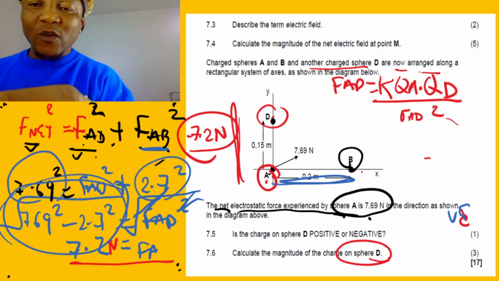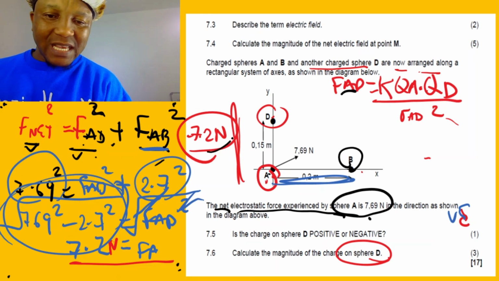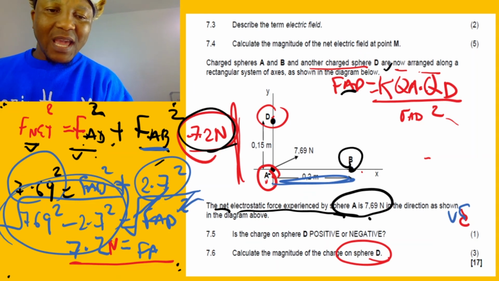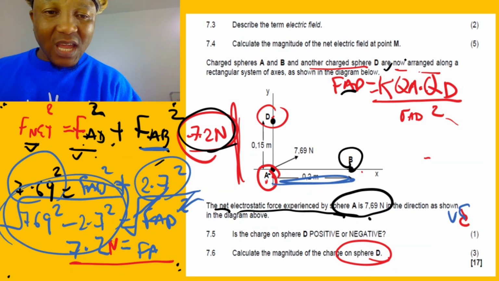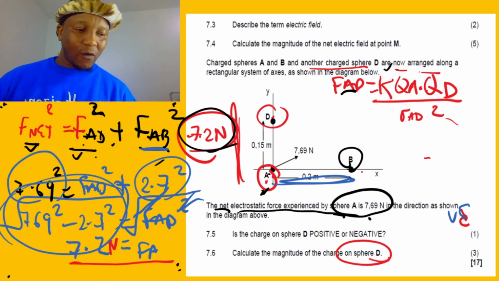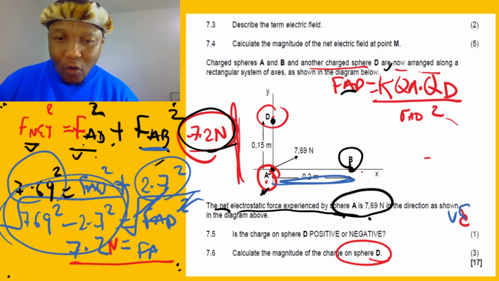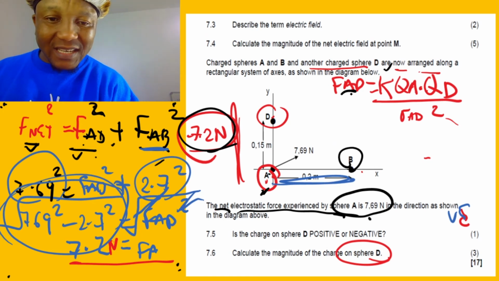So we can plug it in. We know this force, which we just got now, 7.2, and K we know is the constant, 9 times 10 to the power 9. Charge A we know because they gave us before. Remember, this is not net.